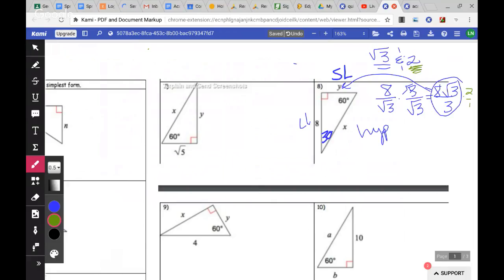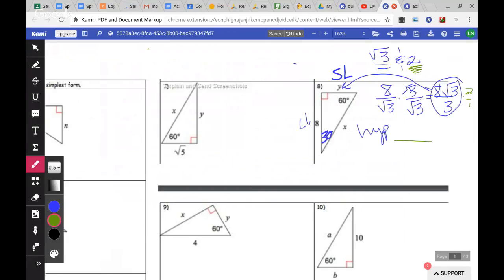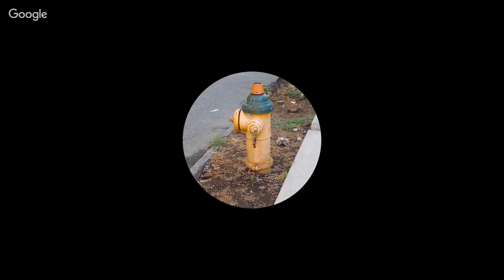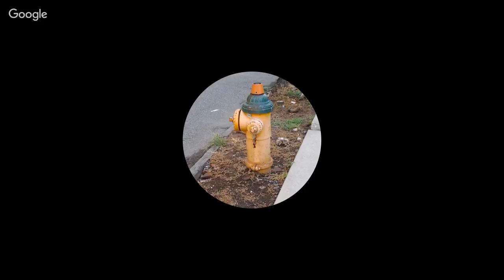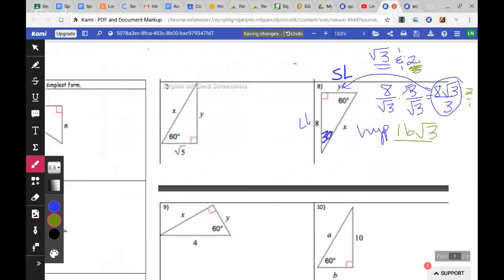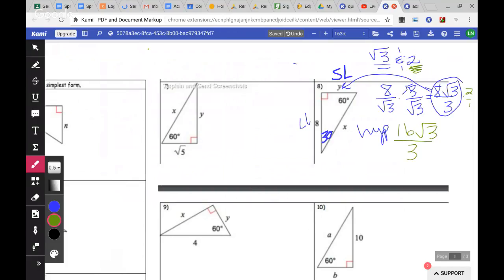So what would the numerator be? 16 radical 3. You got it. And in the denominator? 3. Yeah. So that, even though it looks weird, is X, your hypotenuse.